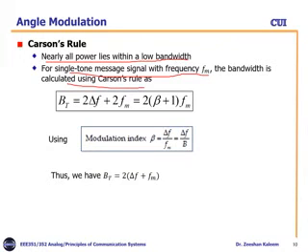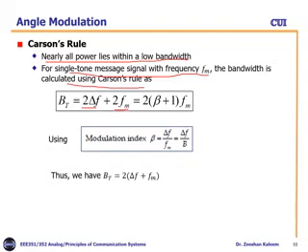We just have to remember that the total bandwidth is equal to 2 delta F plus 2 FM, where delta F is the frequency deviation and FM is the message signal frequency. If we write it in terms of beta, by taking FM common, it equals 2 beta plus 1 times FM.